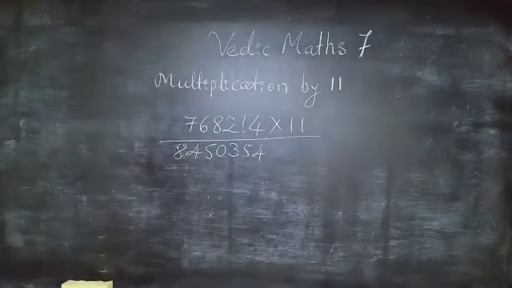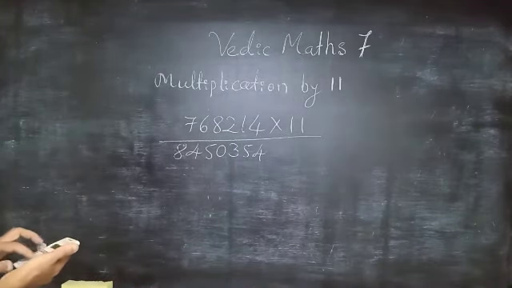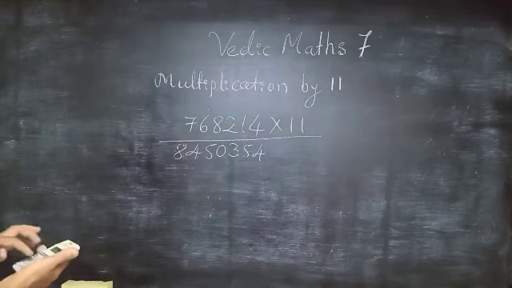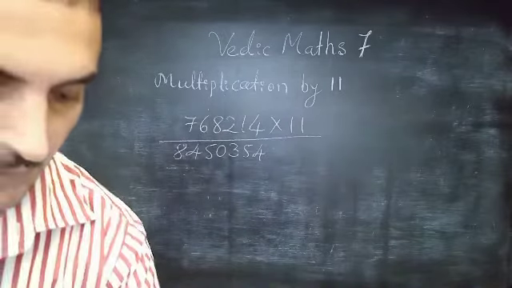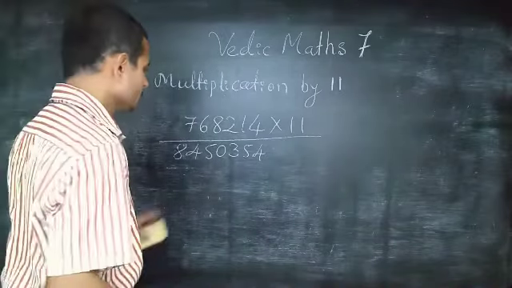See here, 768214 into 11 equals 8450354. Is it right? I verified with the calculator.